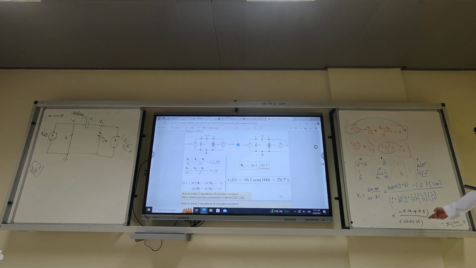Now I got the same denominator. Let's try term by term. Yeah, I don't know what's going on. By the way, this could be wrong.